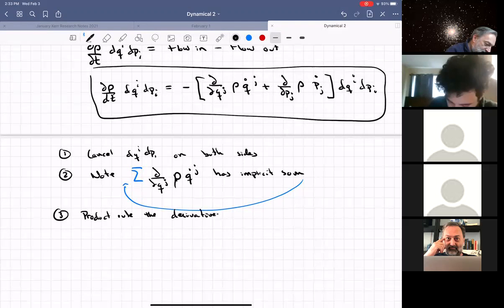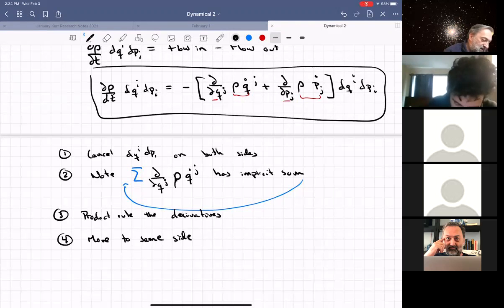I've got here derivatives of products, so I'm going to use the product rule. I'm going to take these two expressions, something on the left-hand side of the equal sign and something on the right-hand side, and move them together.